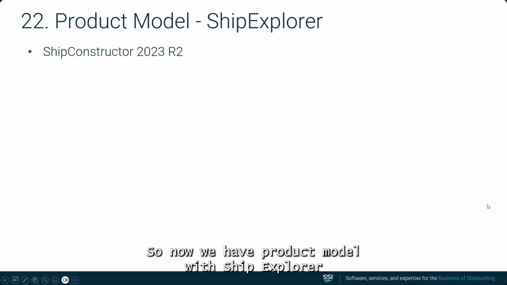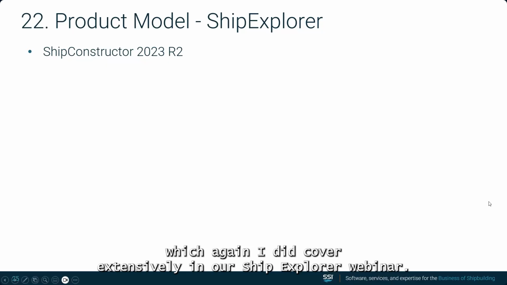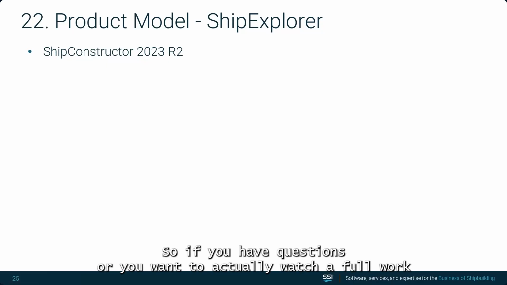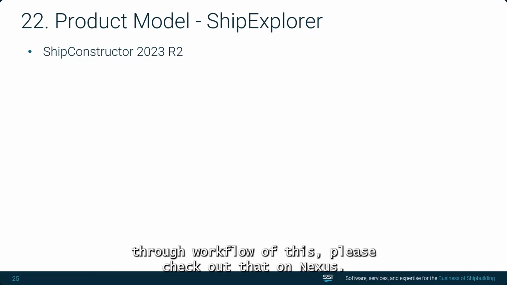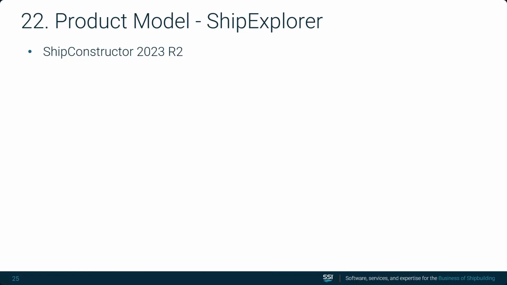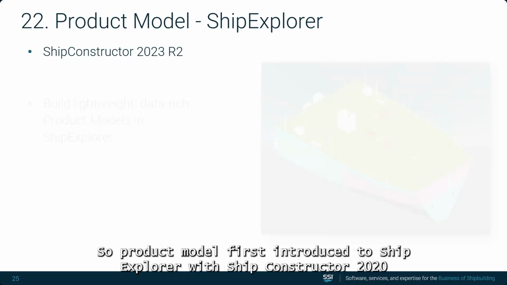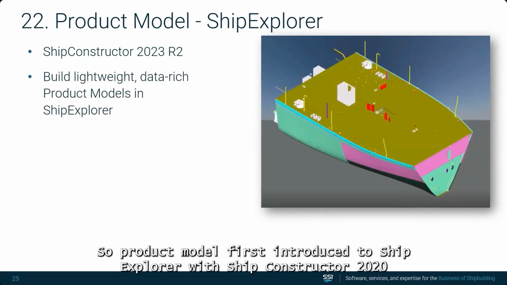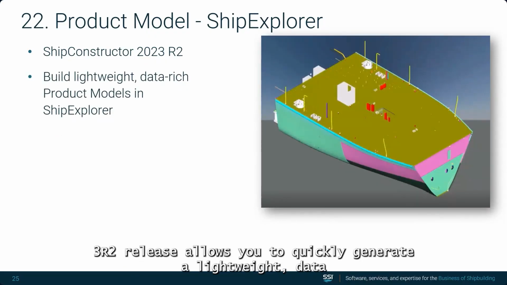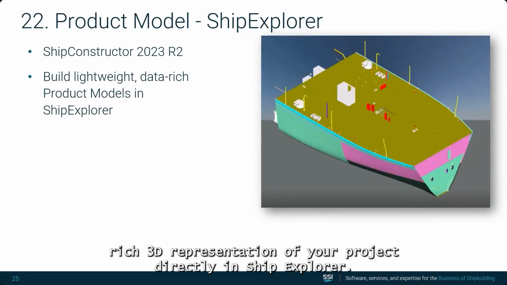Happy to discuss. So now we have product model with Ship Explorer, which I did cover extensively in our Ship Explorer webinar. So if you have questions or you want to watch a full workflow of this, please check that out on Nexus. Product model, first introduced to Ship Explorer with ShipConstructor 2023 R2, allows you to quickly generate a lightweight, data-rich 3D representation of your project directly in Ship Explorer.